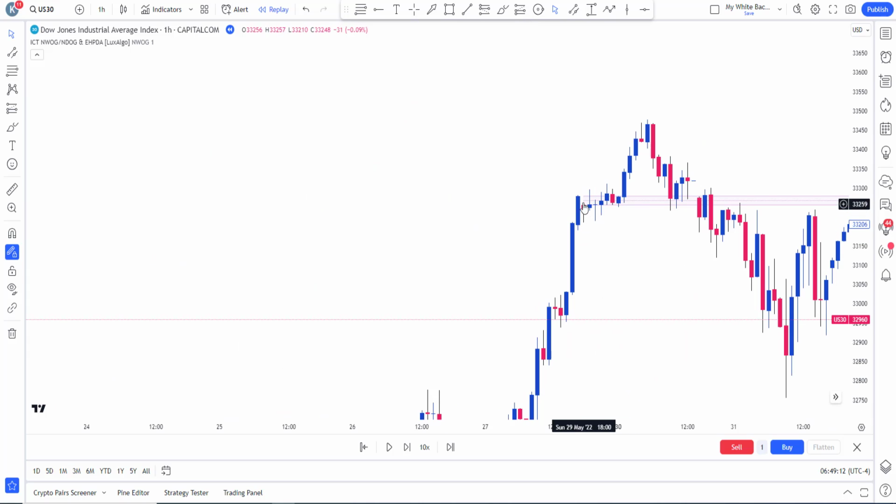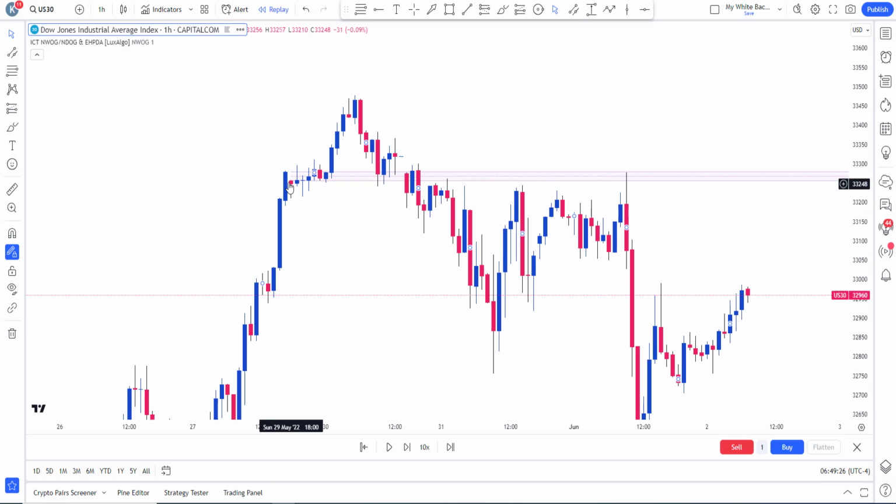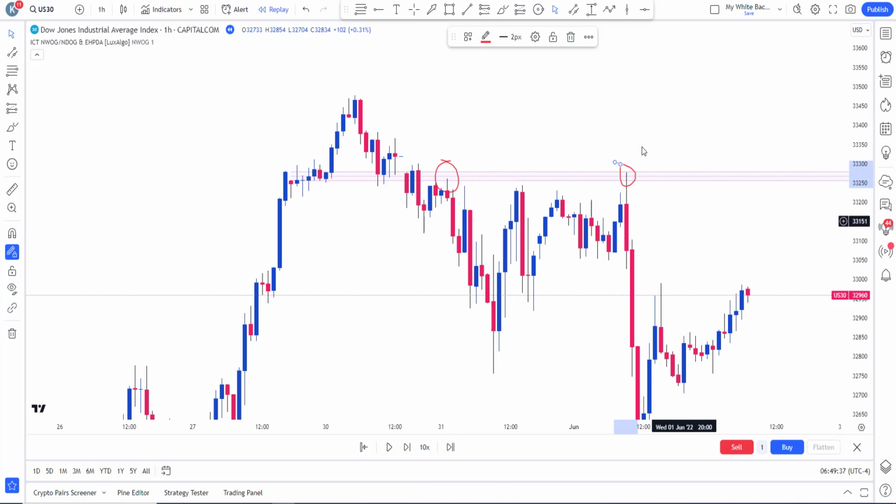You can actually see that this is Friday. You can see it from my cursor, Friday the 27th of May, and this is Sunday the 29th of May. This gap is the NWOG, and you can see price after crossing below it, price is using it as a resistance here. Here is a very, very powerful area that you can take notice of.